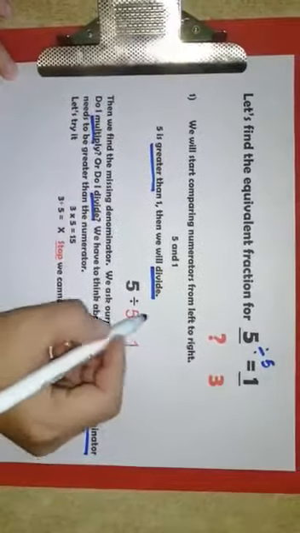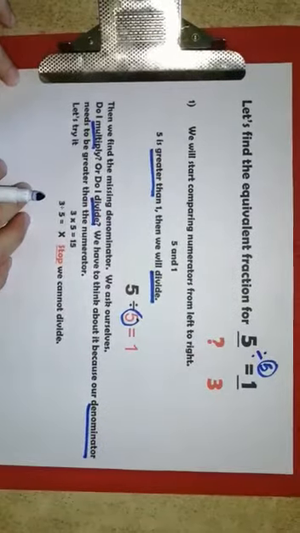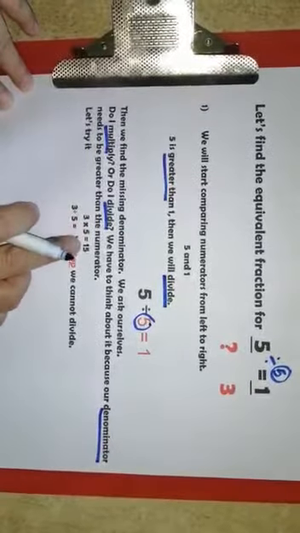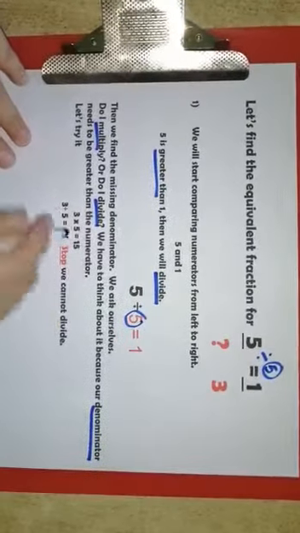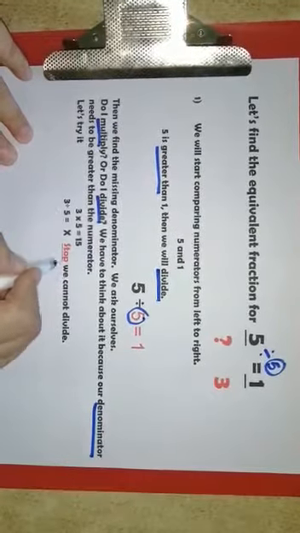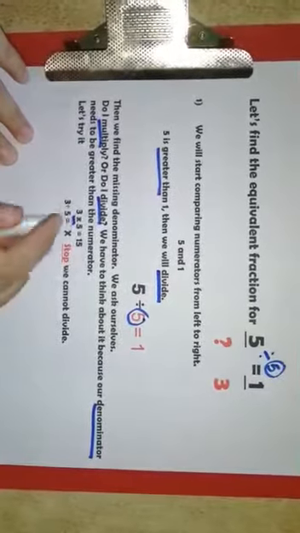Why 5? Remember, that's the number we are using to divide or multiply. 3 times 5 equals 15. And 3 divided by 5, we can't do it, okay? So we found that we have to multiply.